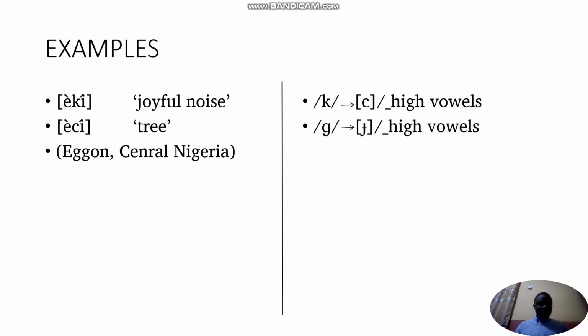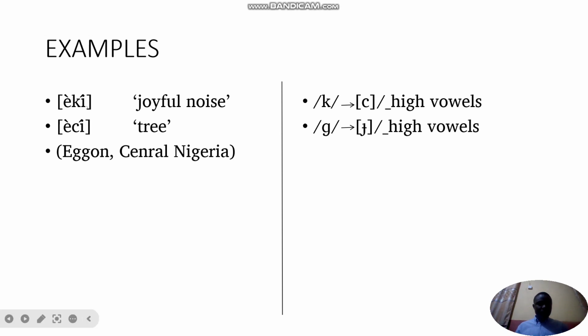So I have this classic example from Igbo. These two words: one has the voiceless velar plosive, and the second has the voiceless palatal plosive.